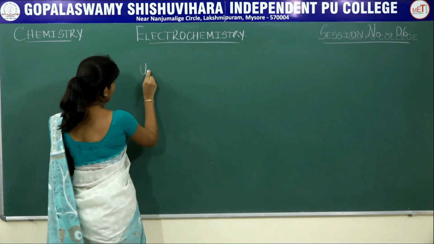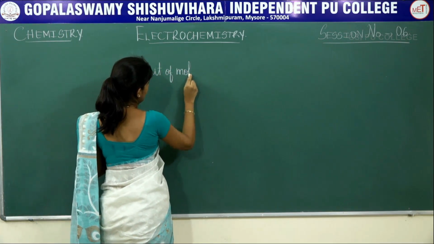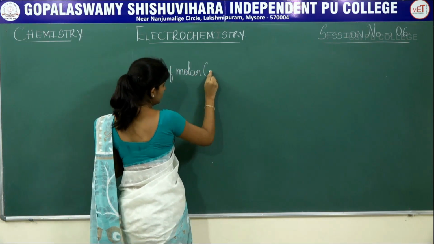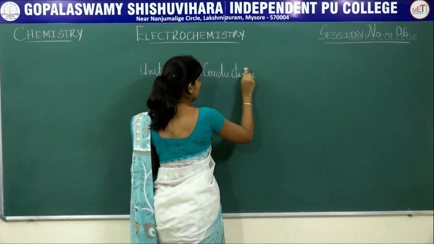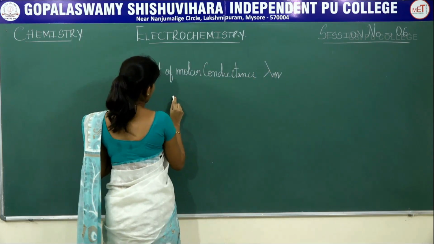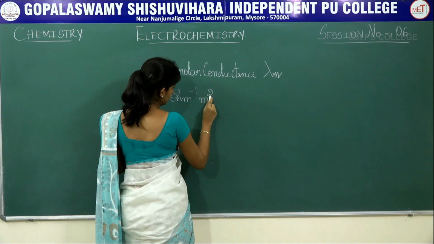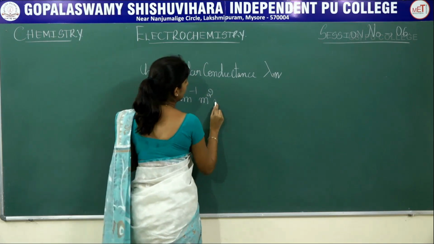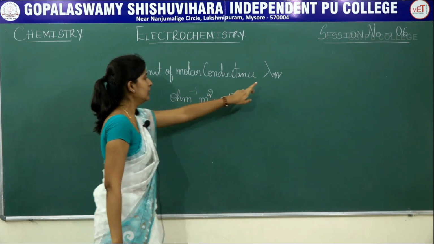The unit of molar conductance, that is lambda m, is per ohm meter square or centimeter square per mole. This is the unit of lambda m.